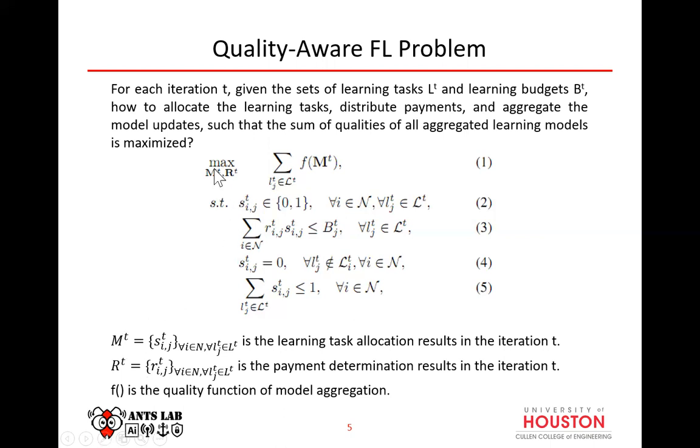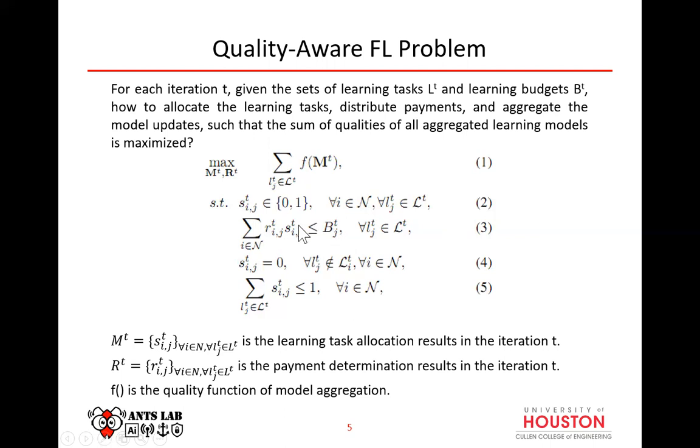Here, M_T is the learning task allocation result in iteration T, and S_ijT is used to indicate whether the task L_jT is allocated to node i in iteration T. And R_T is the payment determination result. This R_ijT is the payment reward to recruit node i to participate in learning task L_jT.